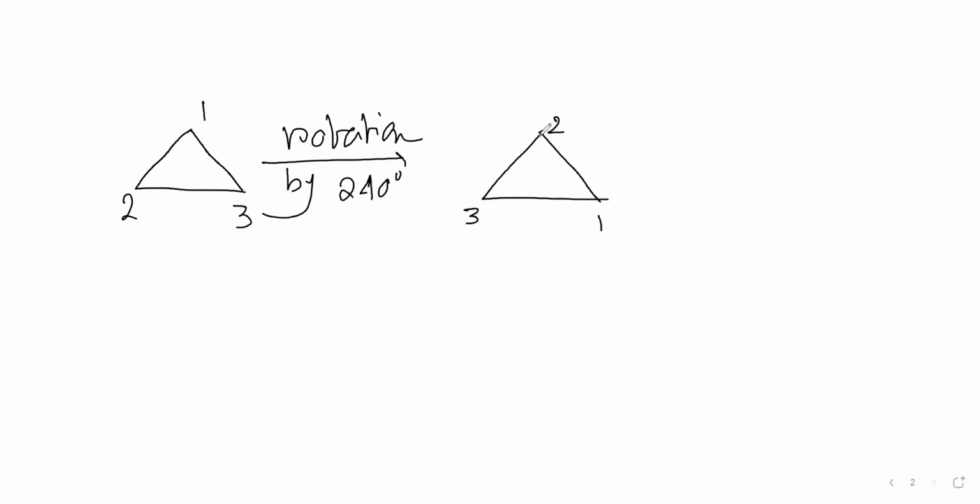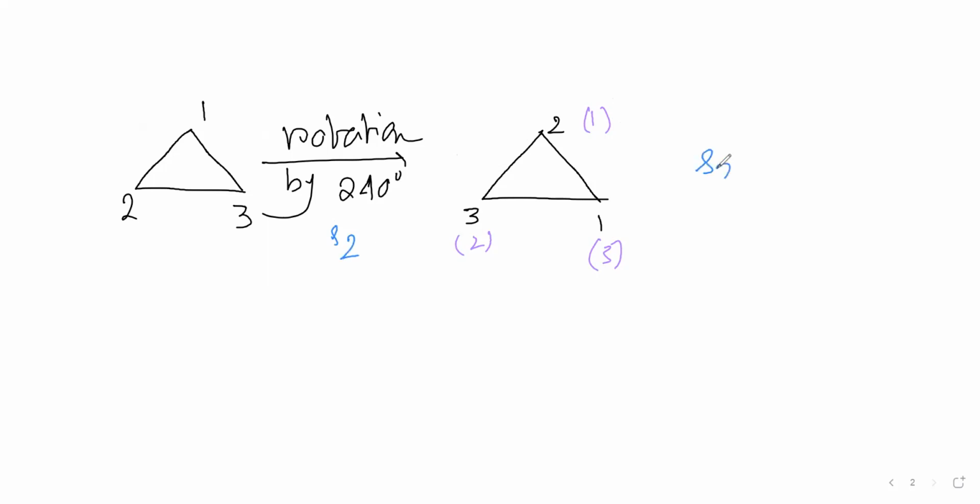First of all, 1 is there, 2 is there, and 3 is here, right? So here 1 becomes 2, 1 goes to 2. If we write down the changes, I rename it as S2.